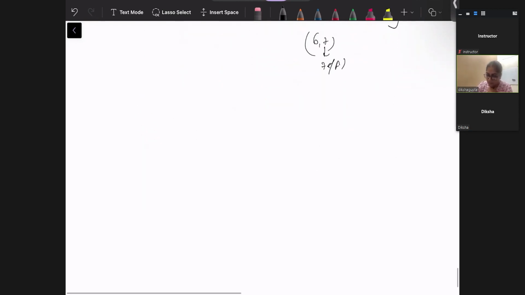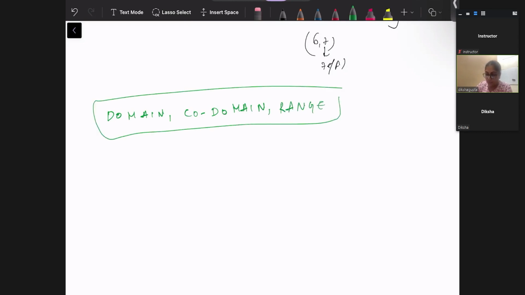Now, very, very important: three words which are important throughout mathematics and not just this particular chapter: domain, codomain, and range.